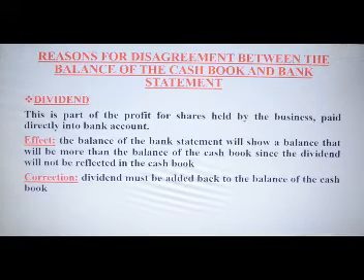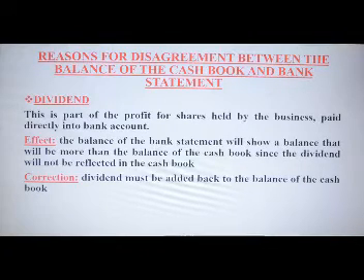Now when this profit is transferred, it is transferred to the business bank's account. The business may not necessarily be aware that they have received this money, and because they are not aware, they fail to debit their cash book.